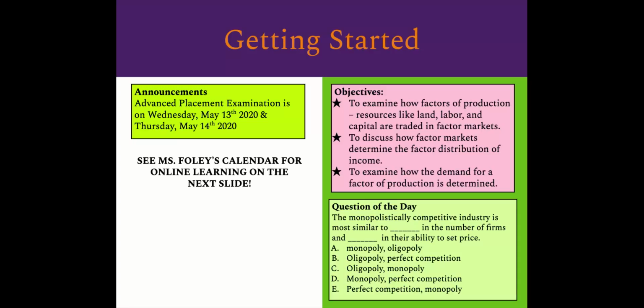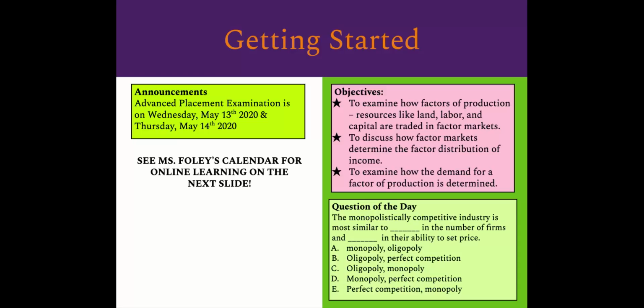Okay. Now that you have written down the question of the day, maybe you thought about an answer. So let's look at the question. The monopolistically competitive industry is most similar to blank in the number of firms and blank in their ability to set price. Well, we know that monopolistically competitive firms, there's a lot of them.